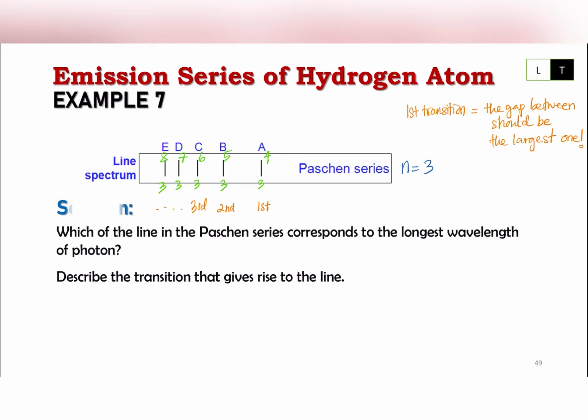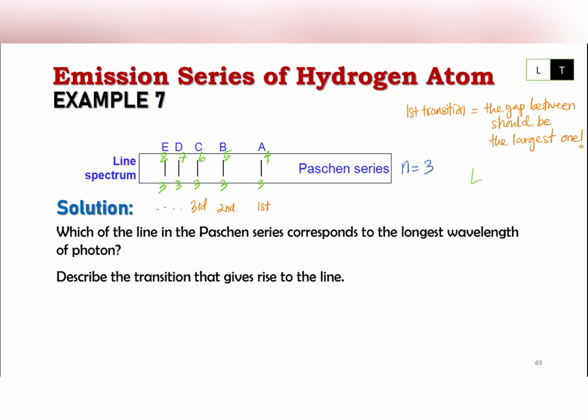Now, for the solution, it asks which one is the longest wavelength of the photon. You can see from here, A is the first line. Automatically, the energy for the transition of the first line A will be the lowest.